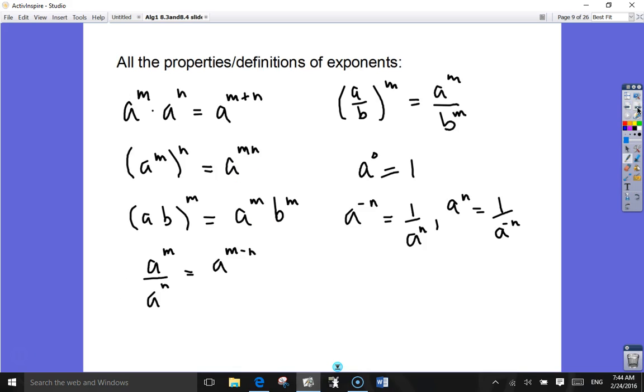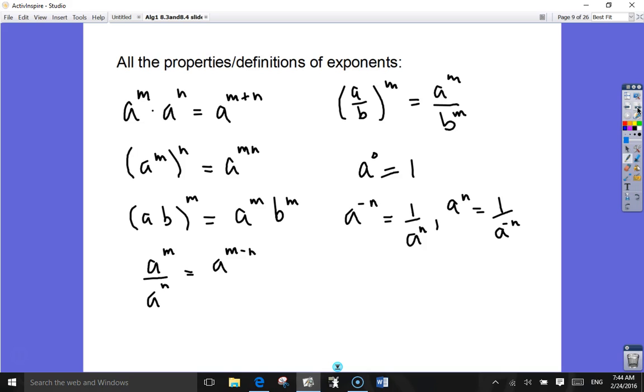So these are all the properties that we did. These are all the properties of exponents. And counting the last one, flipping from the numerator to the denominator, or from the denominator to the numerator, as just one, that's 7 properties.